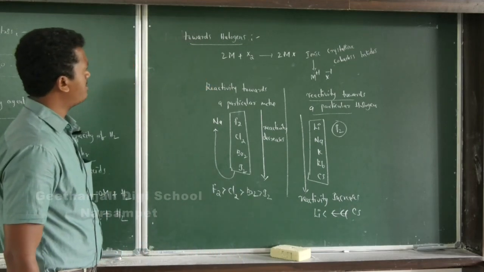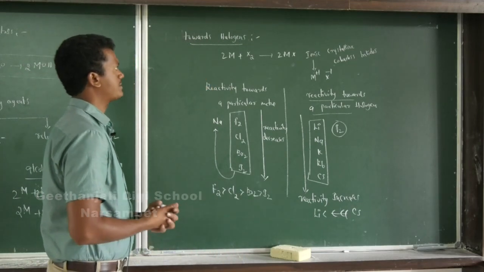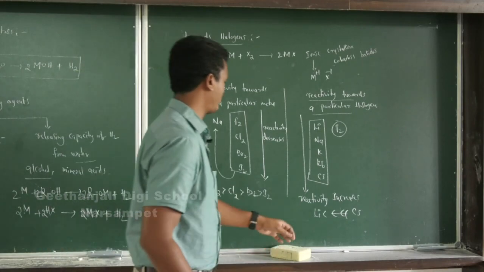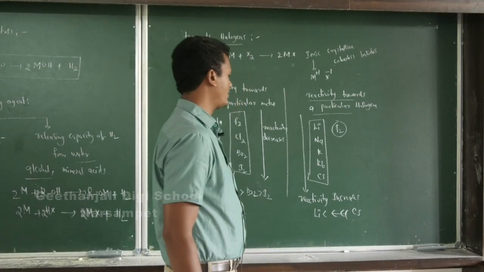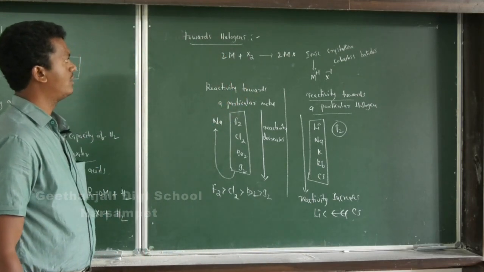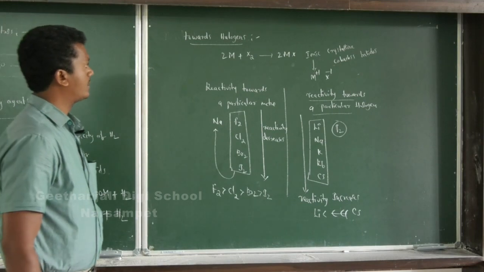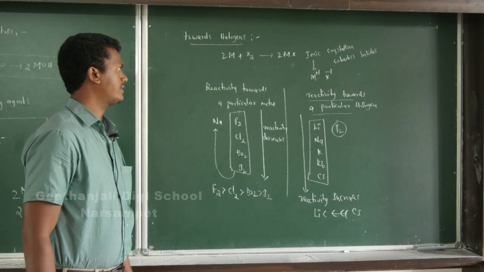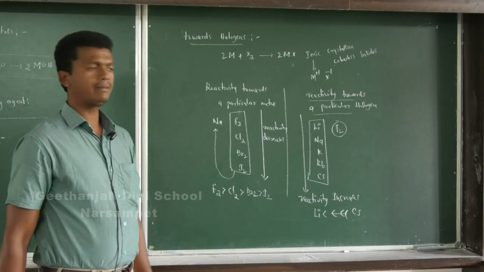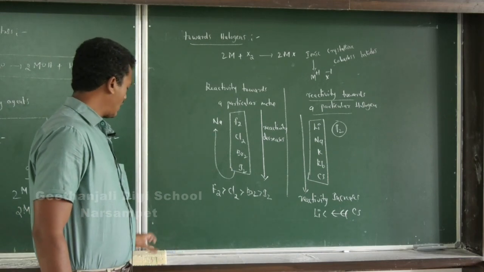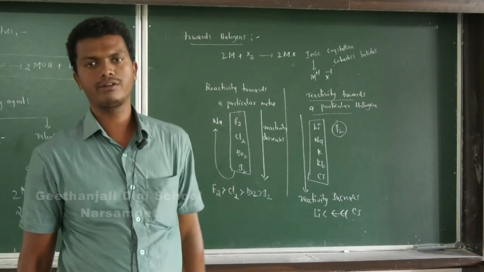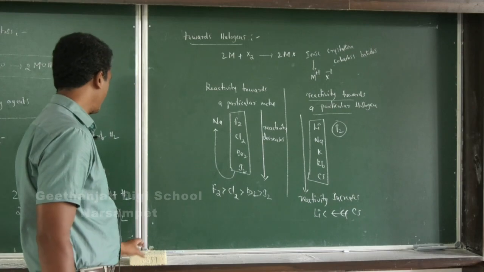So what is happening when they come in contact with halogens? When they react with the halogen, they make MX type of ionic halides, which are crystalline in nature and colorless, in which M is in +1 form and X is in -1 form. For reactivity towards a particular metal, the reactivity order of halogens decreases down the group.